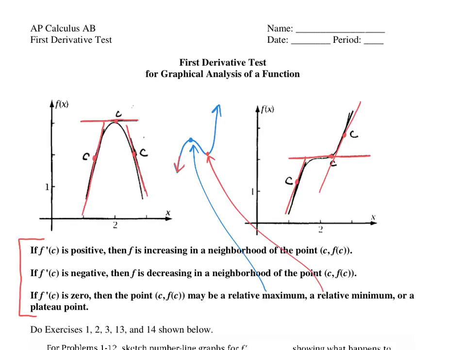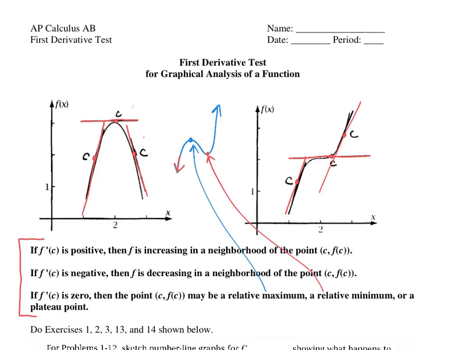So that is something that can be useful here. And really, this f prime of c equaling 0 is going to be something we're going to do a whole lot. In fact, when we were just looking at rectilinear motion, when the velocity was 0, we were changing from moving to the right to moving to the left.